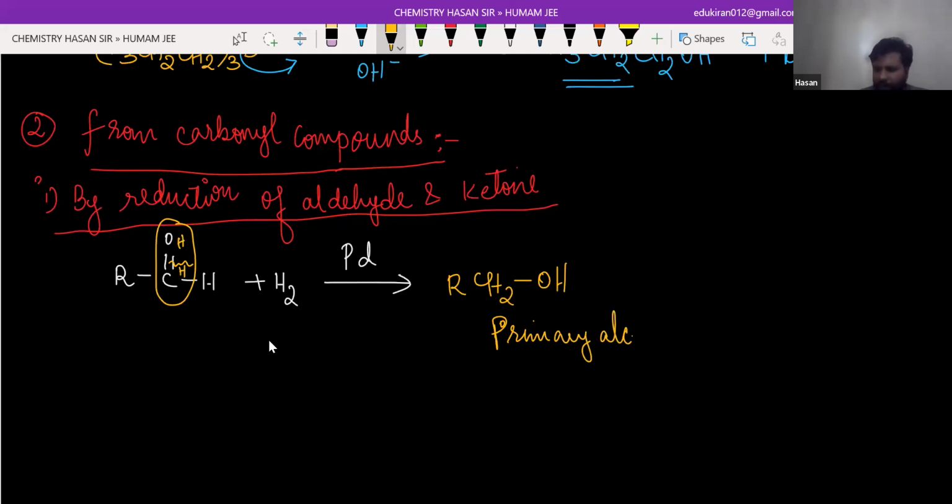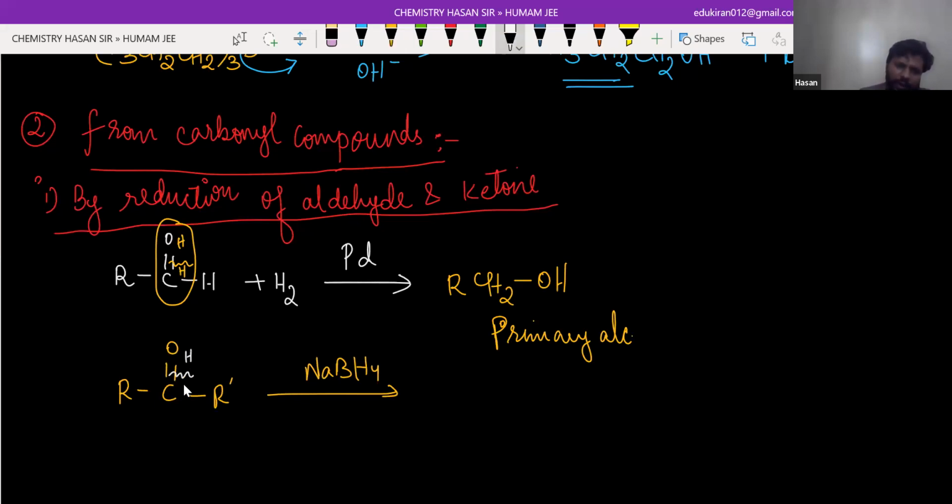Very simple. Now, if you are going to use this, there is a ketone. This is your ketone. And if you are going to use this reducing agent, NaBH4, you can see hydrogen added here, hydrogen added here. And you will be getting R-CHOH-R, secondary alcohol.